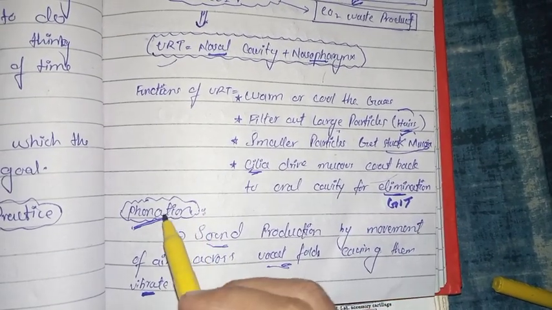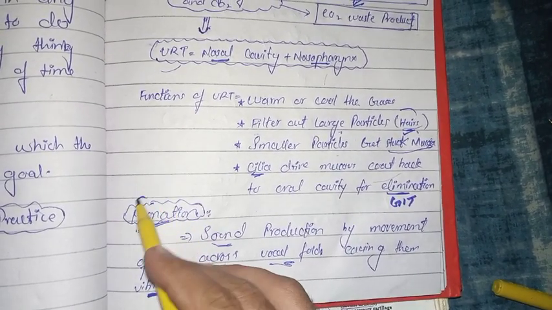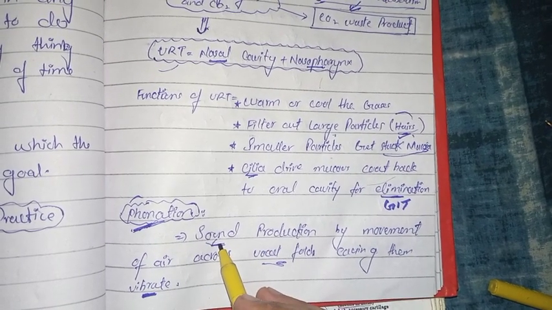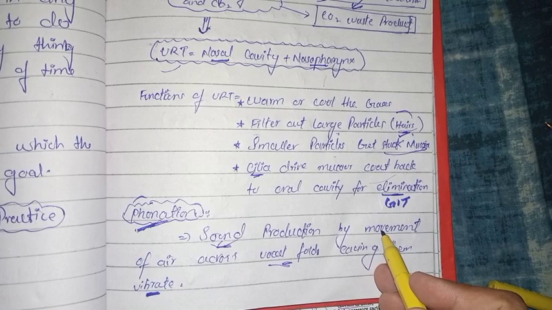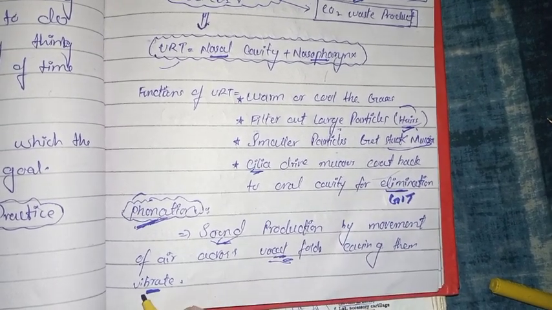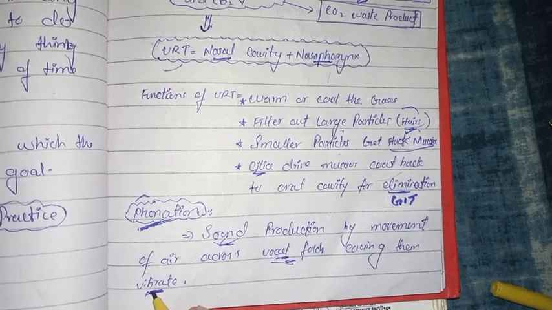Now come to the terminologies. What is phonation? Phonation means sound production by movement of air through vocal cords. As a result, vibration is produced.